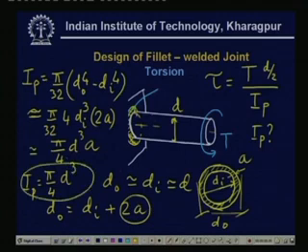Now, here if you consider this cross section, then what is now your A? A is nothing but the throat length, that is, A is T if you use the same connotations.